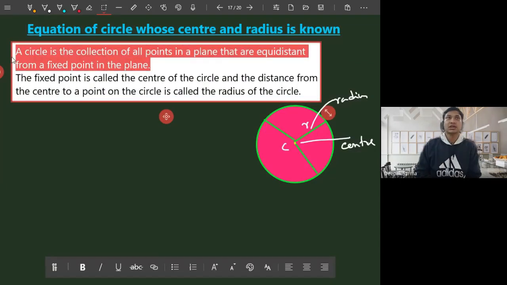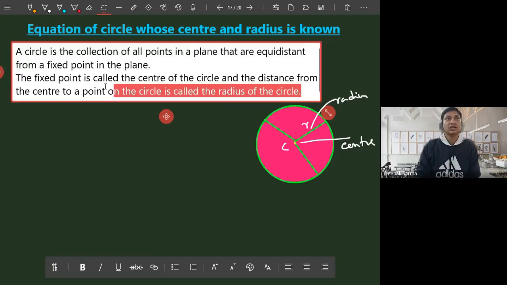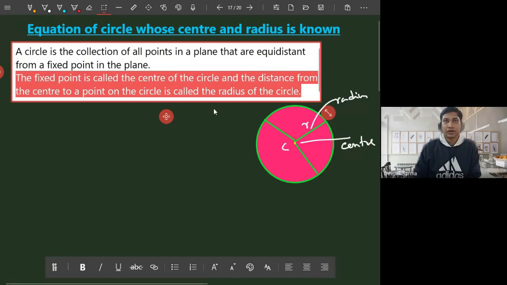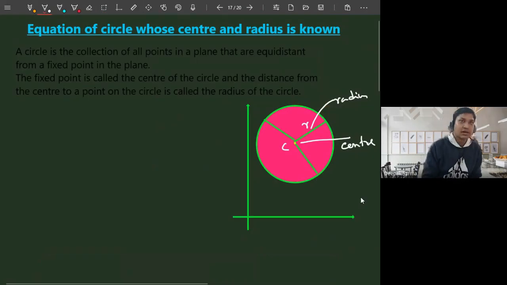If we choose all the points in a plane which are equidistant from a given point, what we get is a circle. The fixed point is known as the center, and the distance from the fixed point to any point on the circle is known as the radius. The center will have some coordinates, suppose h, k.